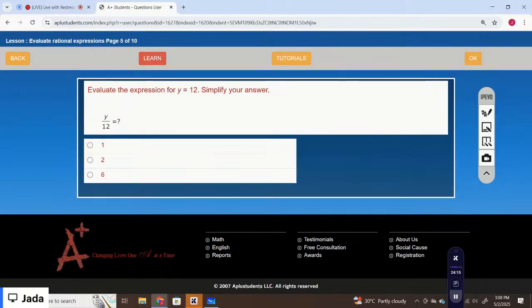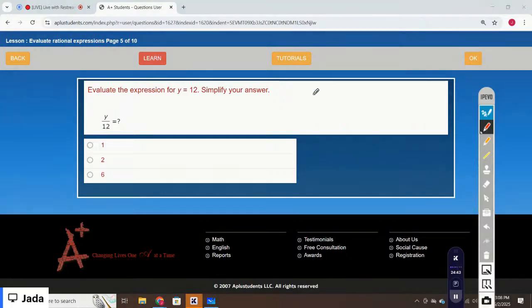Evaluate the expression for y equals 12. Y over 12. Just replace the variable y with a value, that is 12 divided by 12.